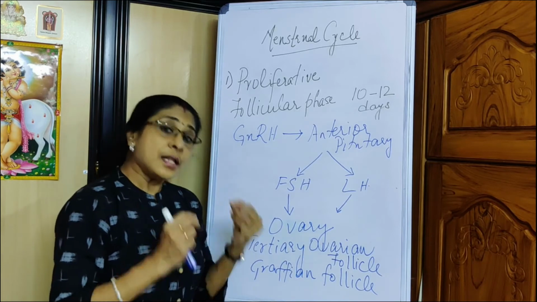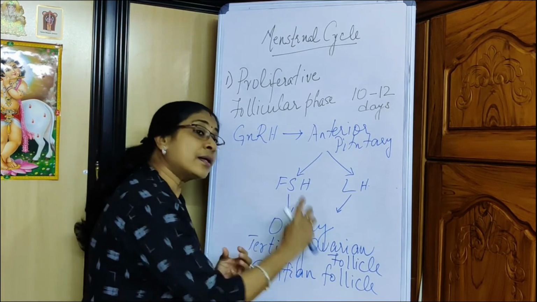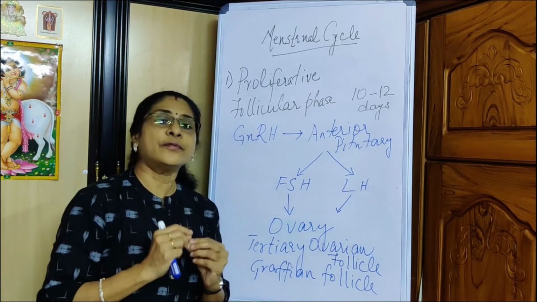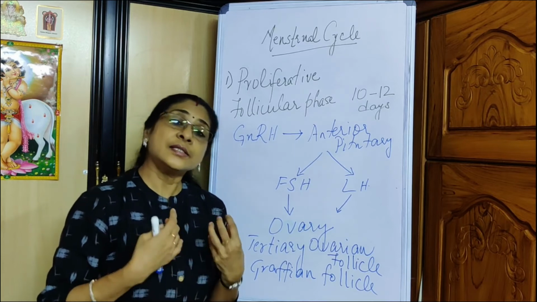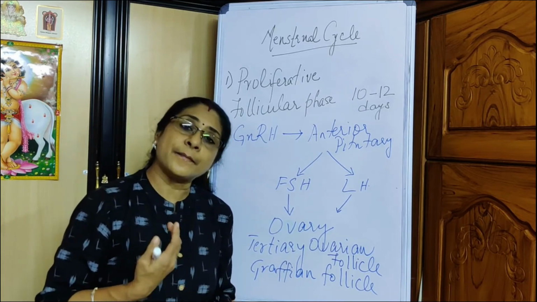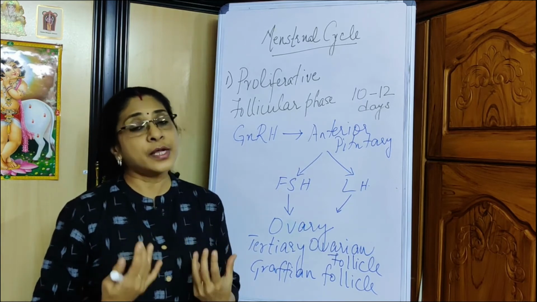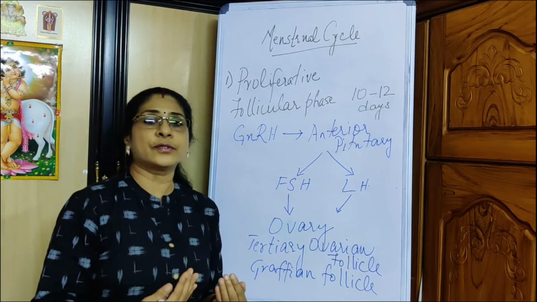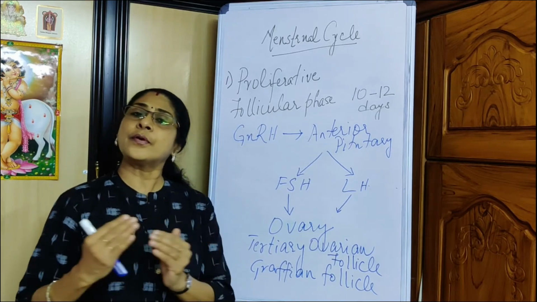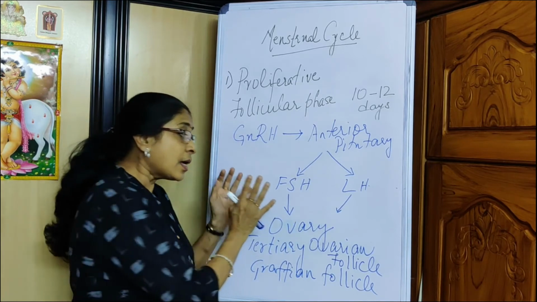Now, other than the secondary oocyte which is developing, the remaining cells of the follicles, which are called the follicular cells, now become endocrine in nature and start producing the female hormone called estrogen. And under the influence of estrogen, a number of changes are observed in the secondary sex organ.